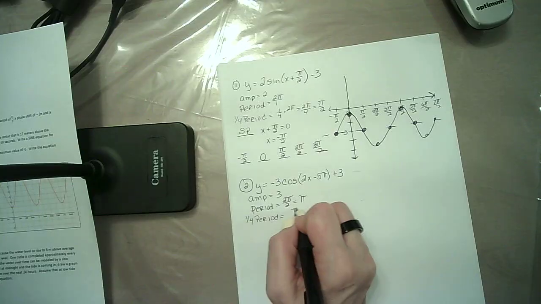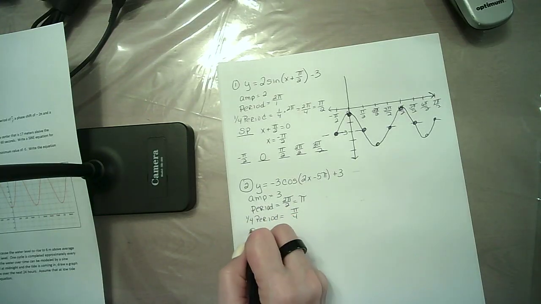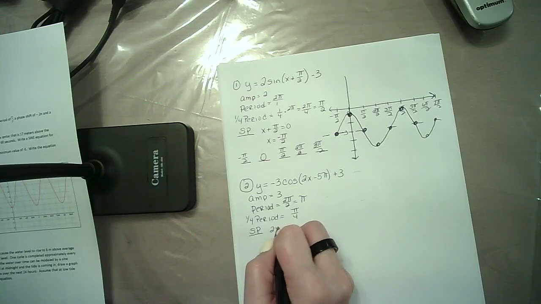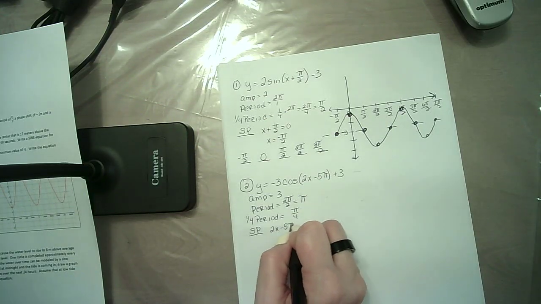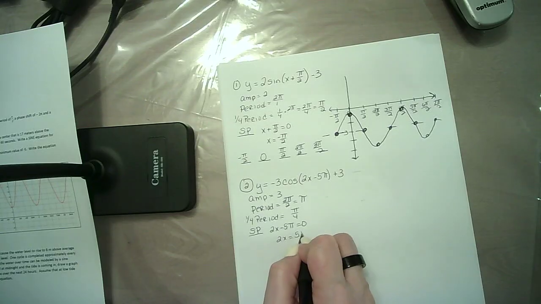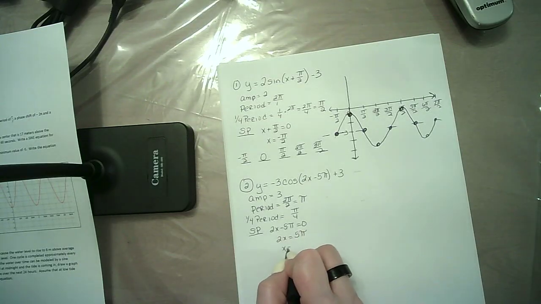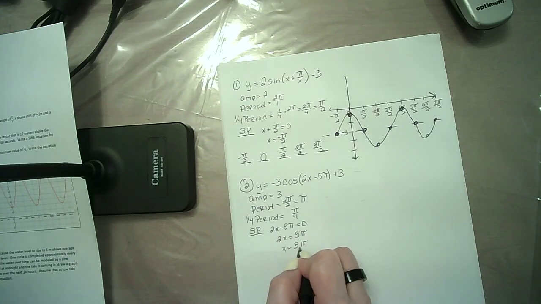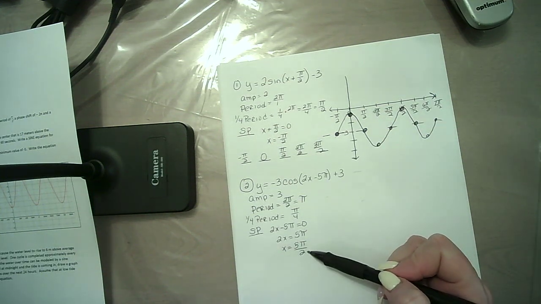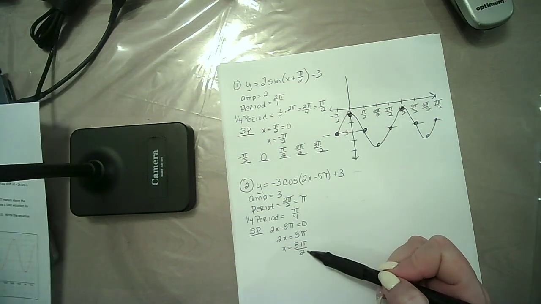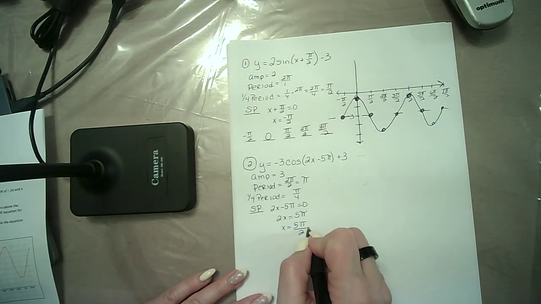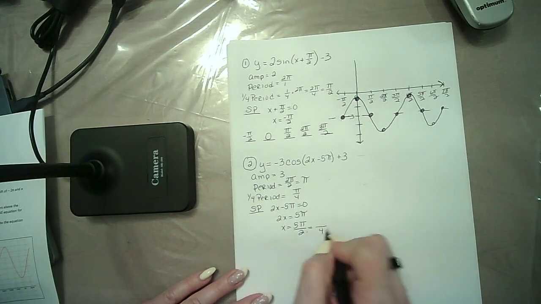and 1/4 of the period is pi over 4. My starting point is 2x minus 5 pi equals 0, 2x equals 5 pi, x equals 5 pi over 2. Okay, so here I have an issue because my starting point has a denominator of 2, and I'm adding pi over 4, so I'll change this to the same denominator.